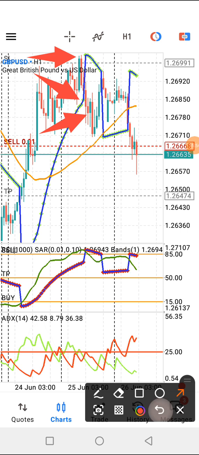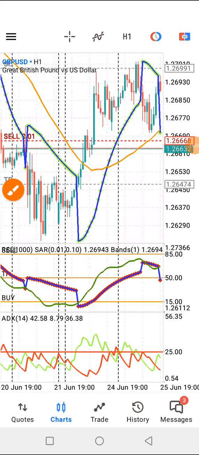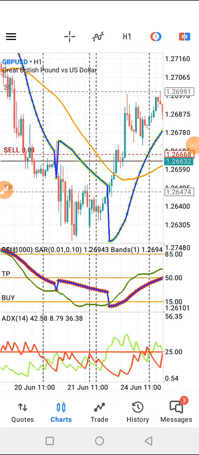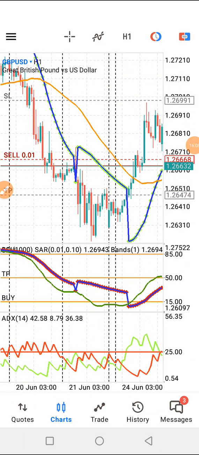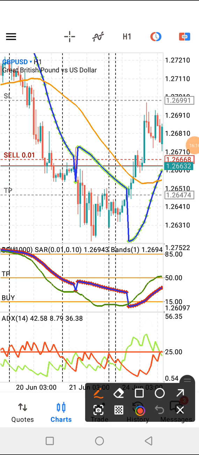Now let's talk about a buying scenario, because in the market we only have two options: either you buy or you sell. Now let's go to a situation whereby we will look for a buying setup. In the buying setup, we want to see price above our moving average 50. Now in this case, look at it here, guys.